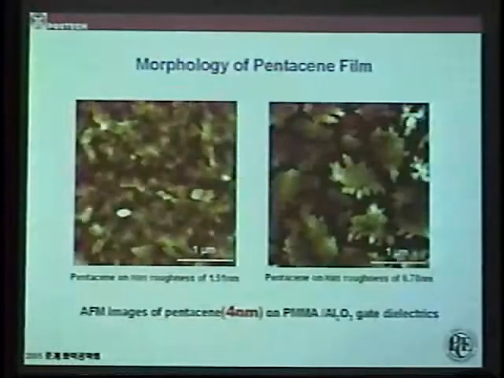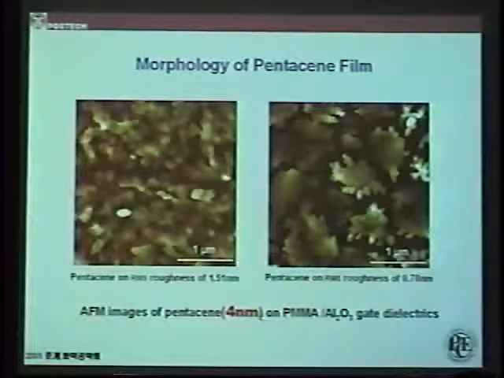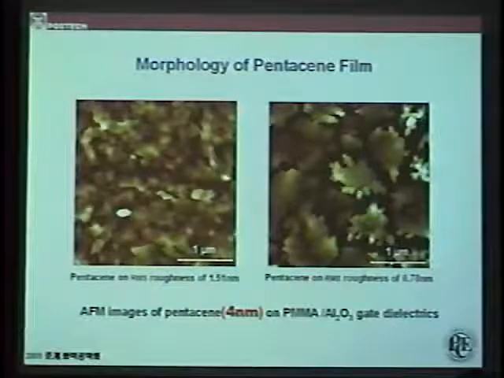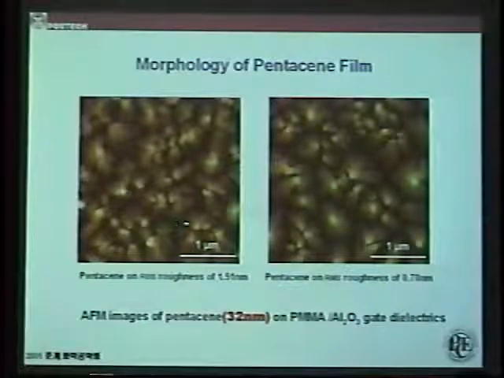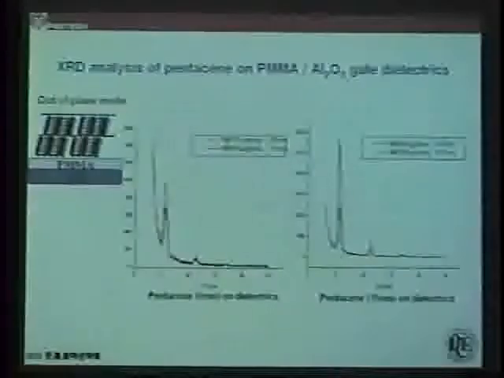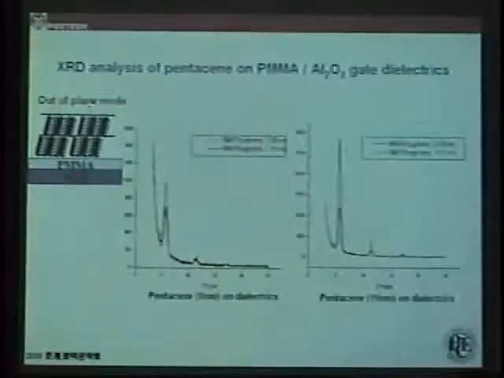Next. This is again showing that with only 4 nanometer thickness of pentacene, we have a large grain size with smaller roughness. With a 32 nanometer thickness, we have a dendrite structure, but still larger than the rougher surface. And we also have the out-of-plane mode of XRD.